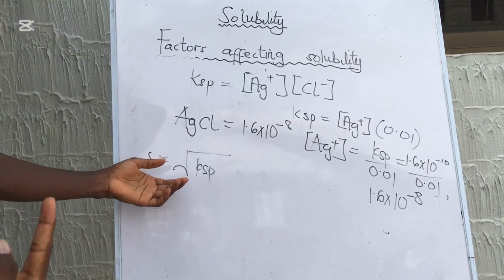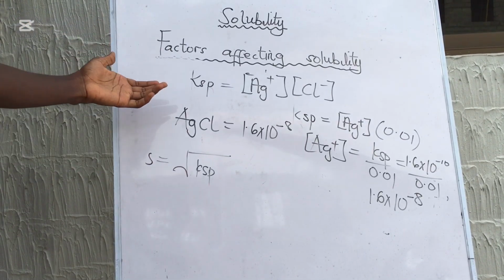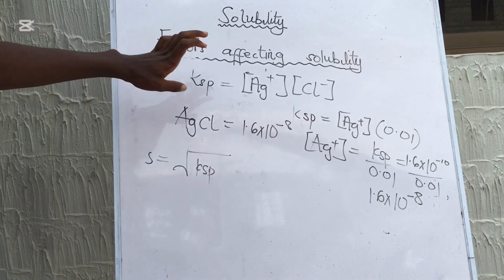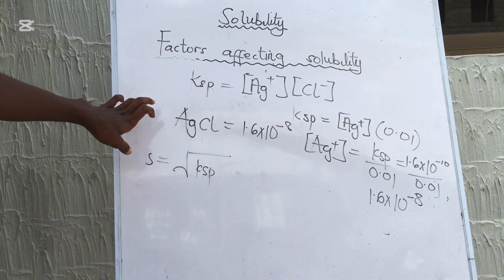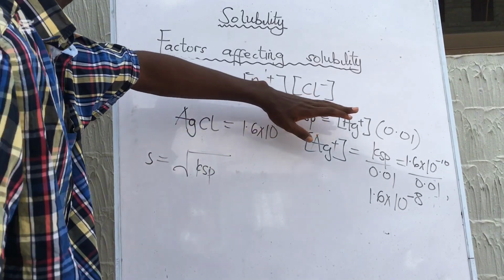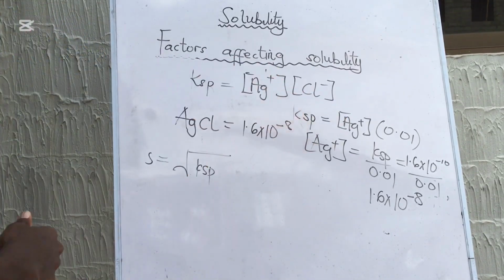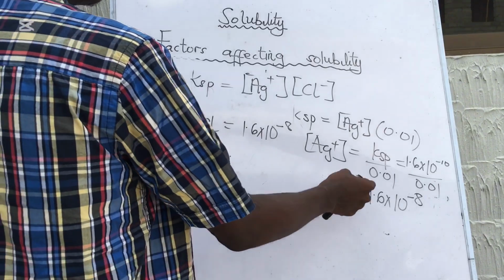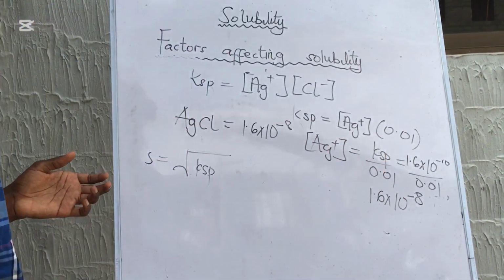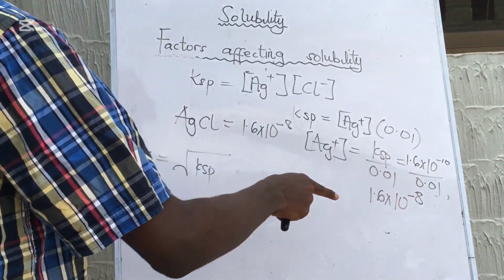So this is what I refer to as the common ion effect. The common ion effect, generally, decreases the solubility of a salt or an ionic compound. So you see now, because we dissolved it in the solution that contains the Cl minus, the solubility has decreased from times 10 to the power negative 5 to now 10 to the power negative 8.